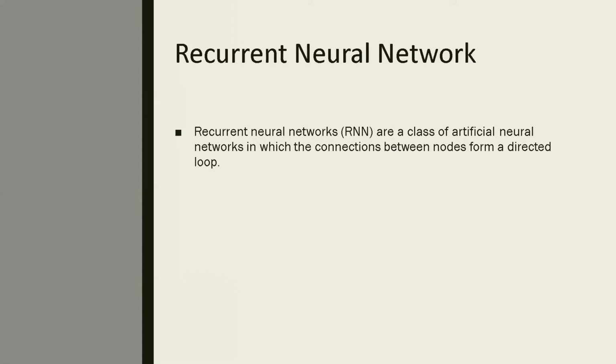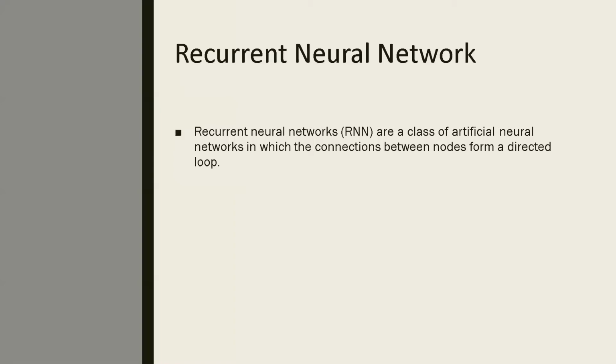And then recurrent neural network, RNN. Recurrent neural networks are a class of artificial neural networks in which the connections between nodes form a directed loop. Unlike feed-forward neural networks, RNNs can use their internal memory to process arbitrary sequences of inputs.